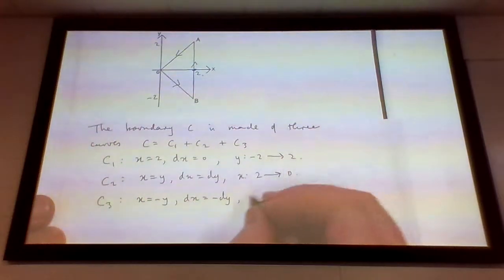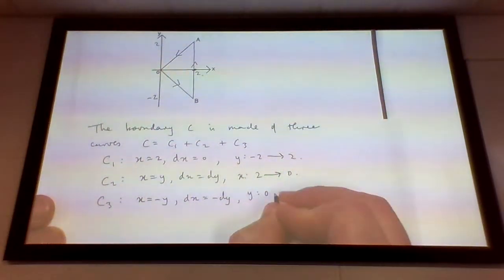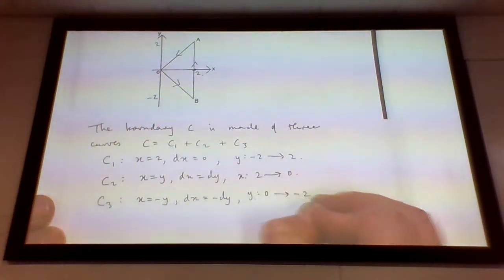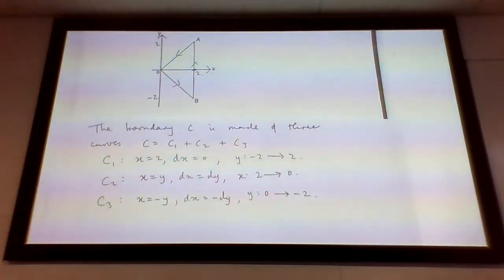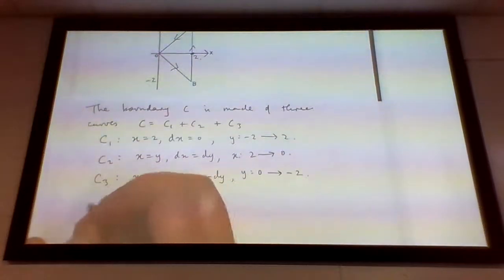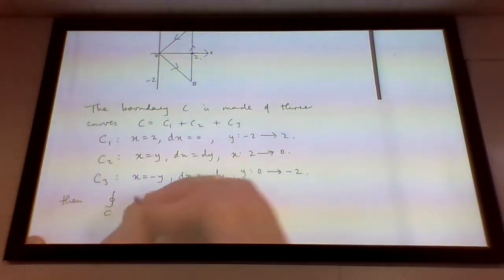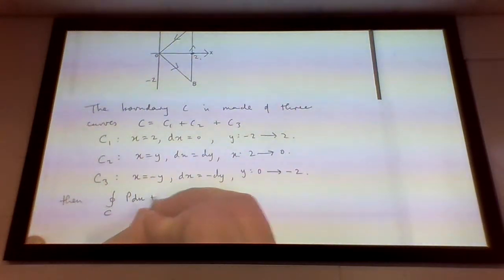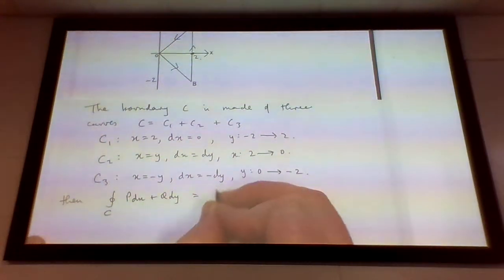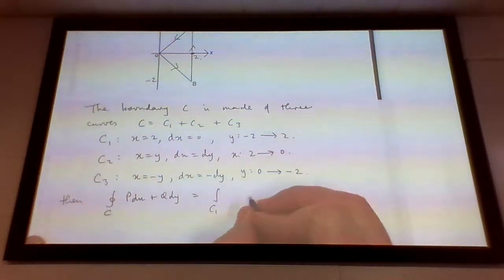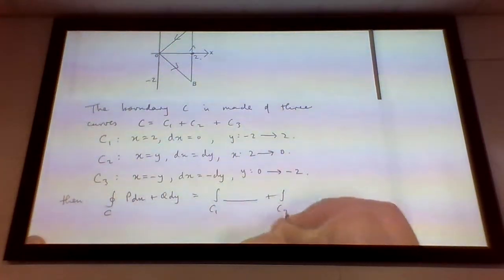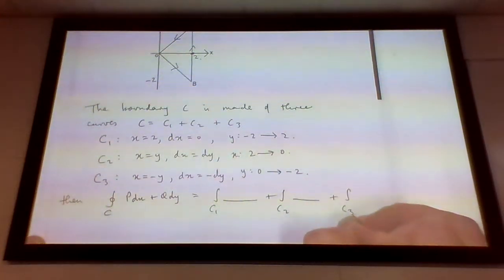And y is going from 0 to -2. Okay, so those three descriptions describe the three parts of the curve C. So we can say then the integral along C of p dx plus q dy is going to be the integral along C1 of that plus the integral along C2 of that plus the integral along C3 of that.